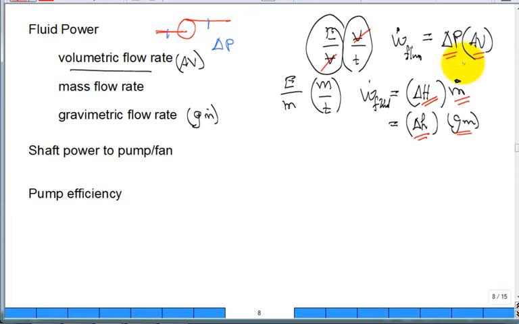All right. Now, there's a little distinction between the power supplied by a shaft to that fan or pump, coming in like this, and what actually gets into the fluid. I like to call it fluid power versus shaft power. The device called the pump, you feed it shaft power. You want it to convert all that power into fluid power, but it's never 100% conversion.